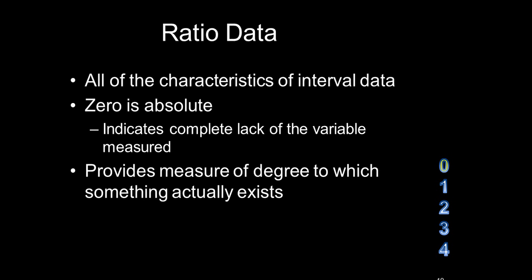Intervals between data points are always equal. If a score is zero, then there's a complete lack of the variable. It's really not that common in communication research. When it's used, it provides measurement of the degree to which something actually exists. So, for example, counting the number of times patients ask questions to their doctors or the length of an interaction could all be examples of ratio data.